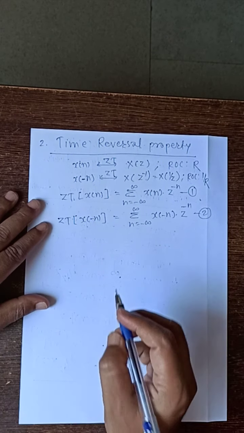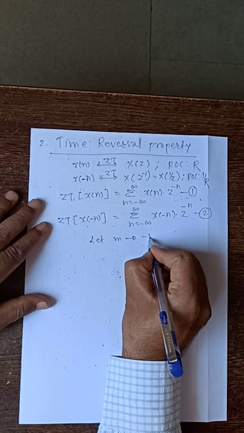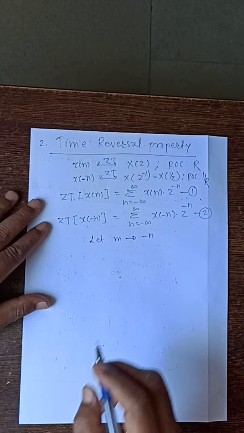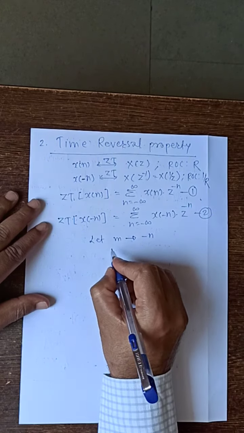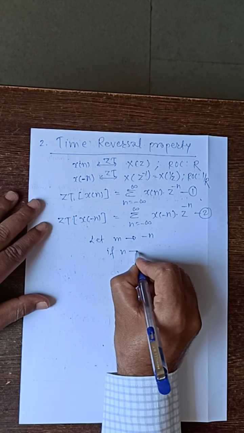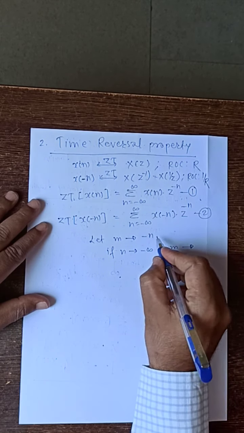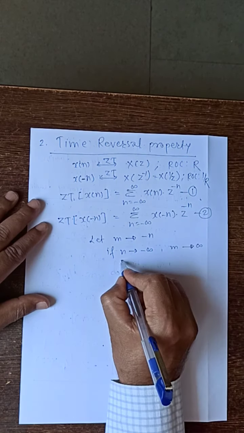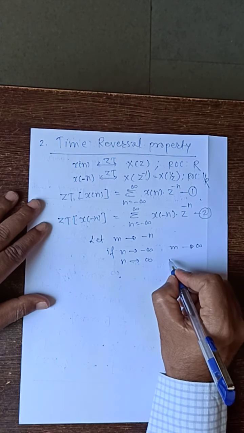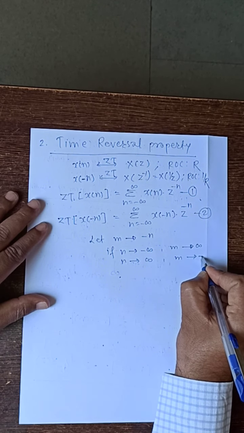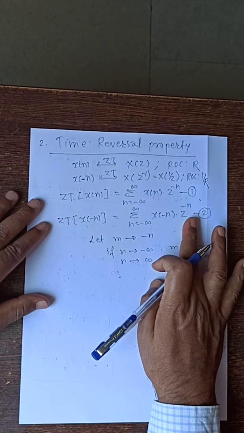Then we'll do certain adjustment. Let m equal minus n, or you can say minus n equals m. If n equals minus infinity, then m becomes plus infinity naturally. And when n equals plus infinity, m becomes minus infinity. So minus n is going to be replaced with m.